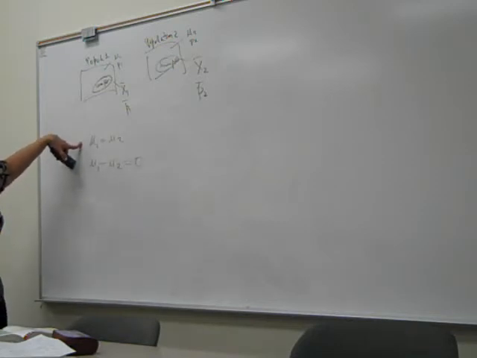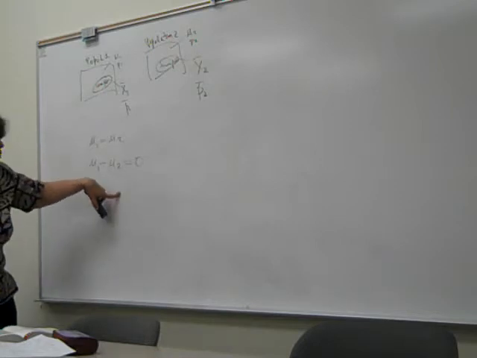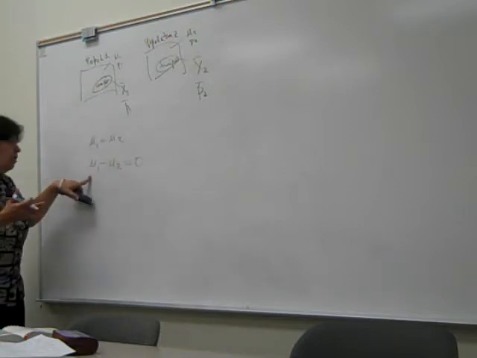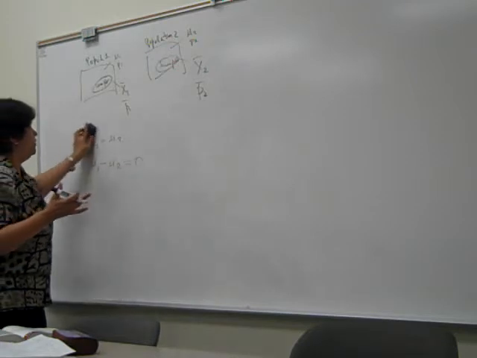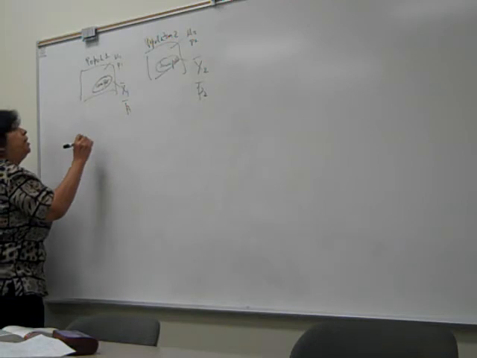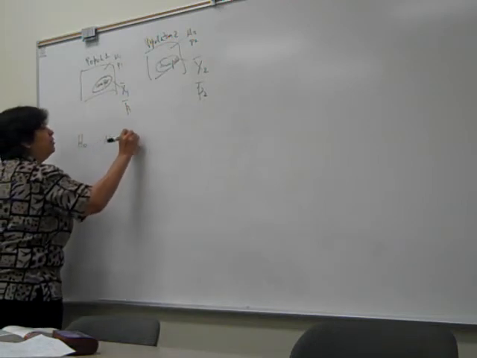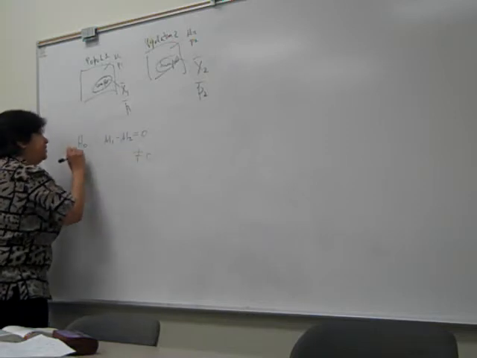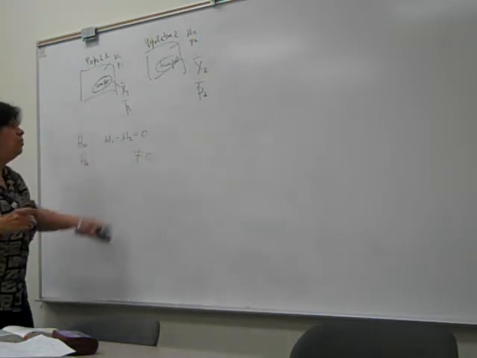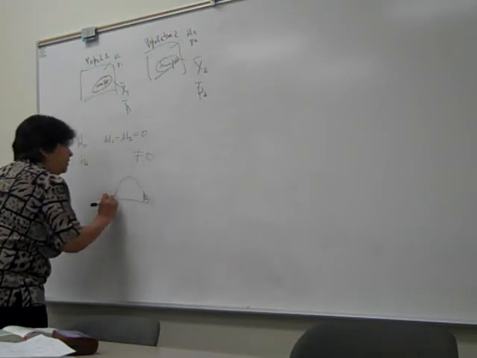Mu1 equal to mu2 is exactly the same as mu1 minus mu2 equal to 0. So we will have the null hypothesis mu1 minus mu2 equal to 0 against the alternative that is not equal. In this case, we will have a two-tailed test.